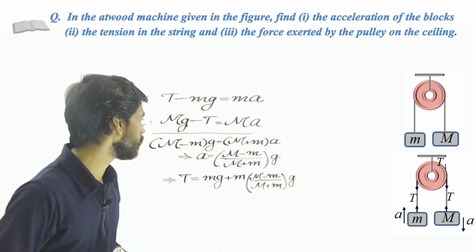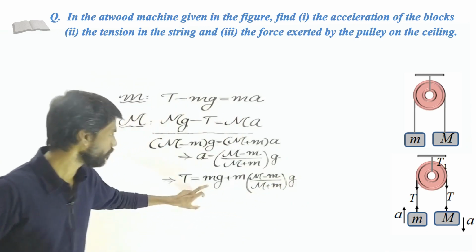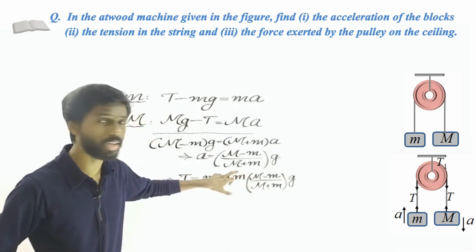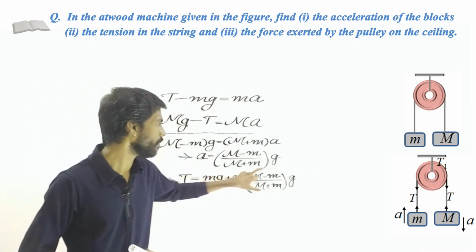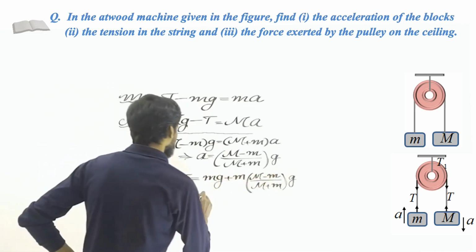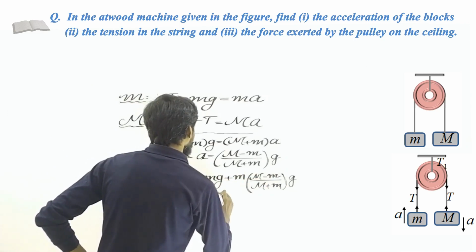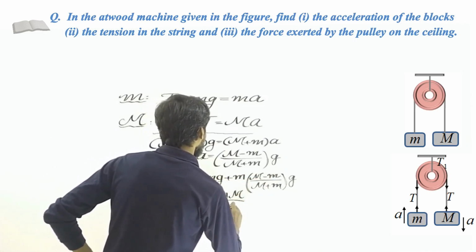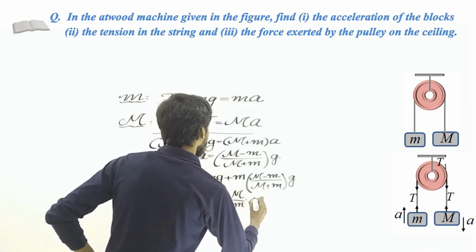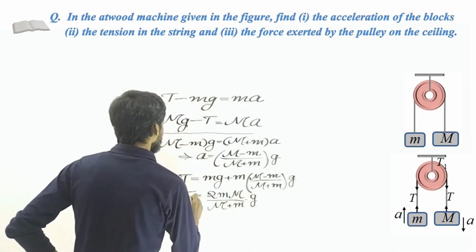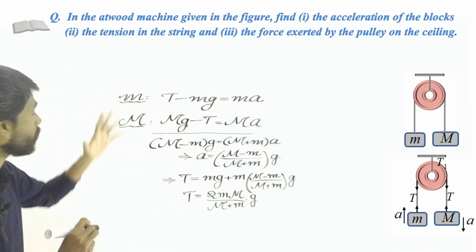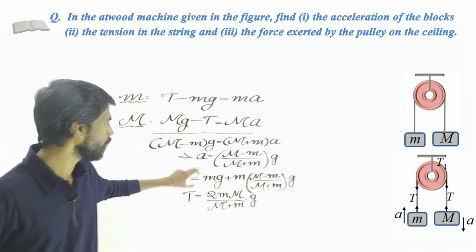Let us simplify this. Here we have mg plus mMg, and here also minus m squared g, that gets cancelled, so mg and here also mg. If you simplify, you get 2mM divided by (m plus M) multiplied by g. So that is the tension in the string, okay? That is the answer to one of the questions. The tension is found, the acceleration is found.